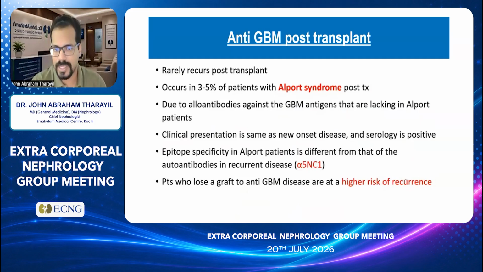Epitope specificity in Alport patients is different from that of autoantibodies in recurrent disease, because in anti-GBM the ELISA detects the alpha-3 chain. So sometimes the epitope specificity is important, and you need to keep the suspicion of anti-GBM very high. Patients who have lost a graft to anti-GBM disease are at a higher risk of recurrence.